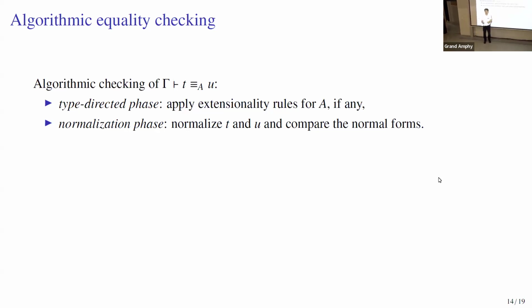You bring them into some form that allows you to compare them structurally to see if they're actually equal. If you want to avoid the type-directed phase, then you would replace extensionality rules with eta rules. But then you have to think about how to bring eta rules into the normalization phase, and that is sometimes a tricky question for complicated concepts such as the unit type.